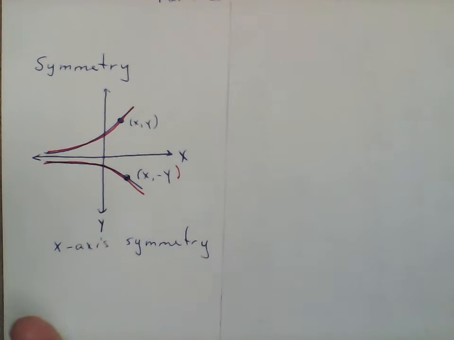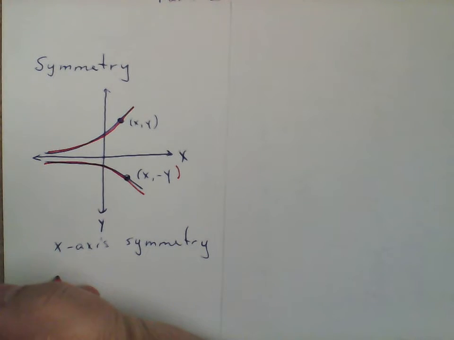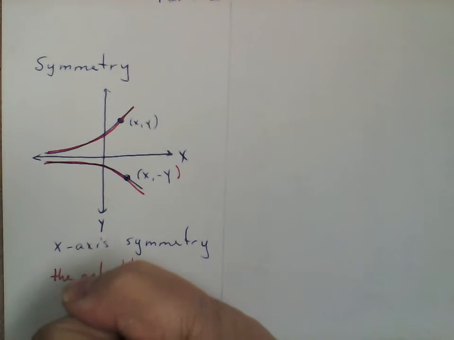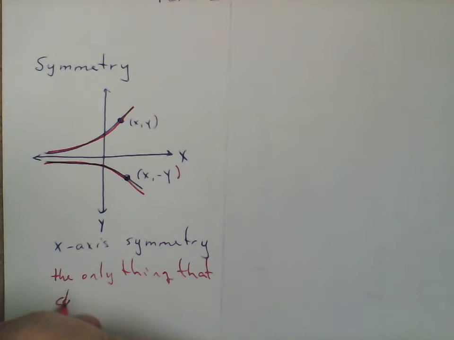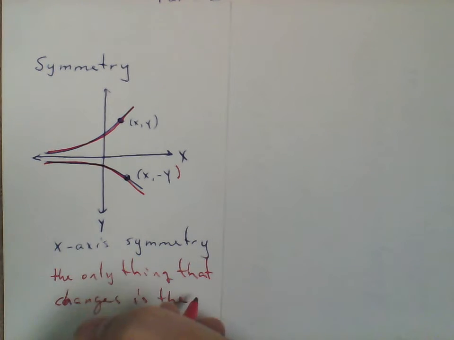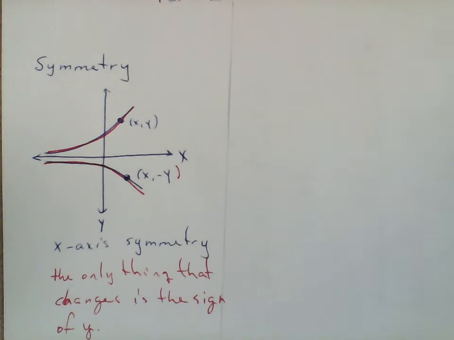So for x-axis symmetry, the only thing that changes is the sign of y, right? And we'll know that something has x-axis symmetry based on that.